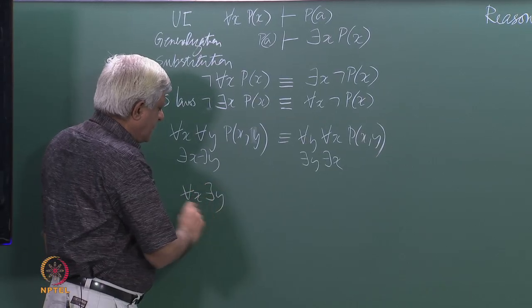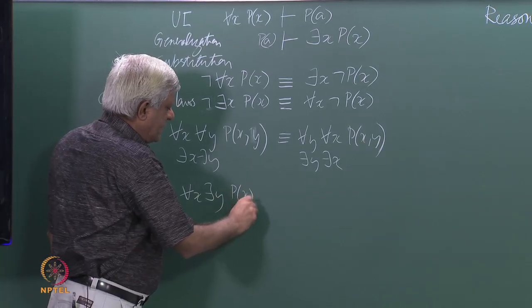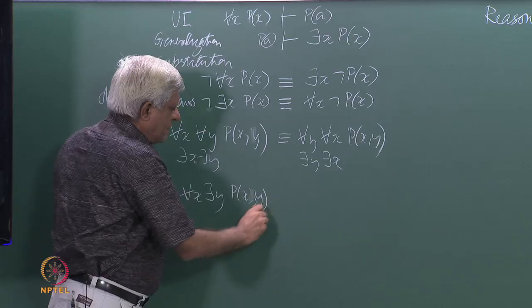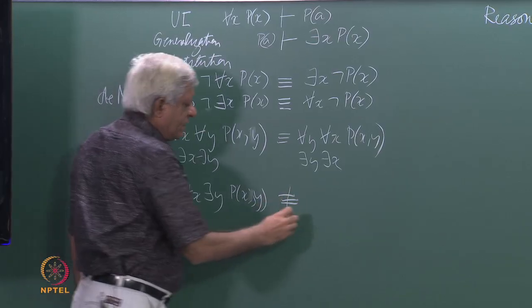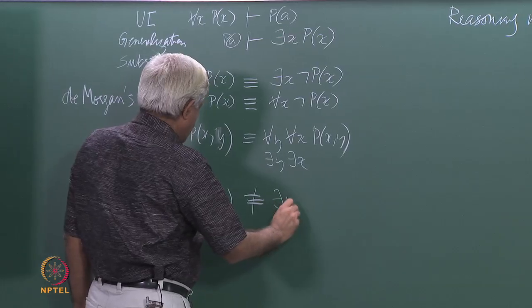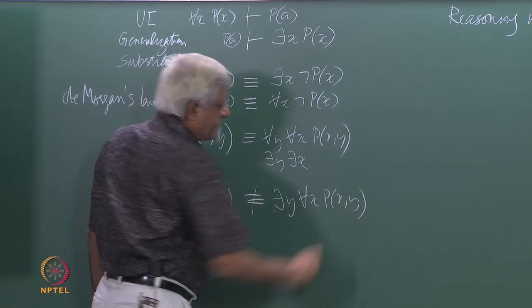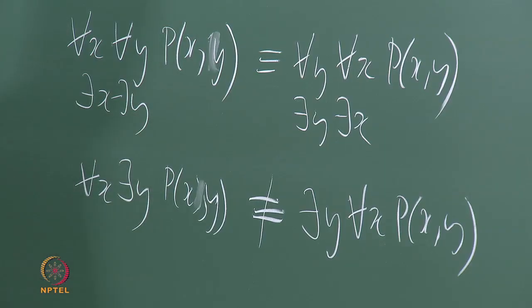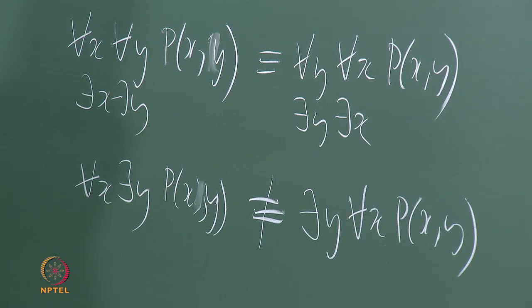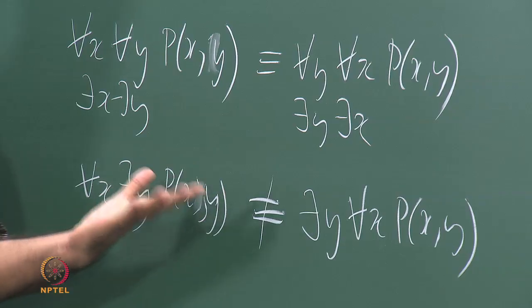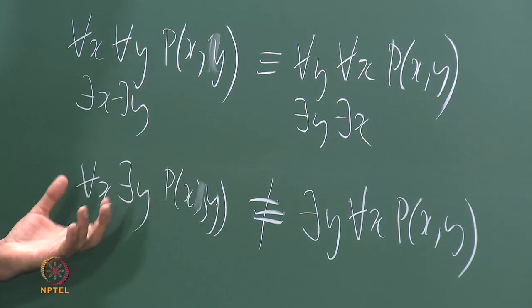So, if you say for all x there exists a y such that P x y, this is not equivalent to saying that there exists a y such that for all x P x y. So, you can try and think of a counter example to show that this is not the case.